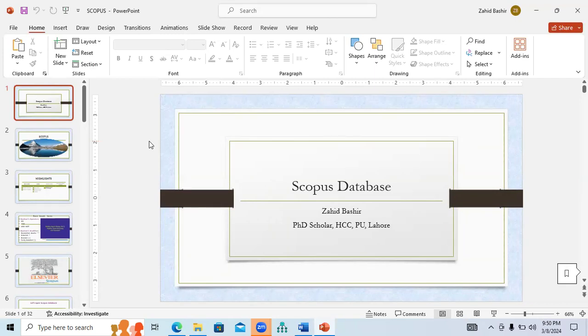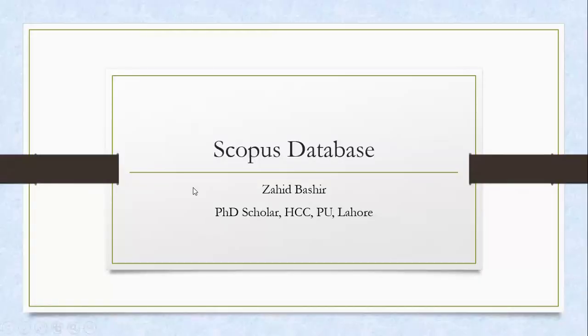We may have to limit our data sometimes to download it. So you need to understand some basic criteria for downloading from the Scopus database. So what is that criteria?